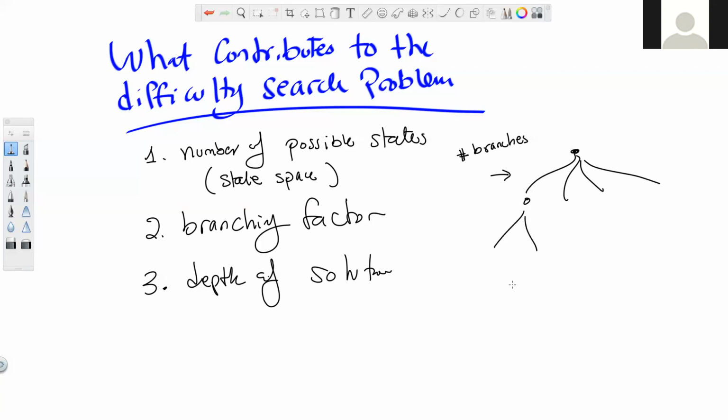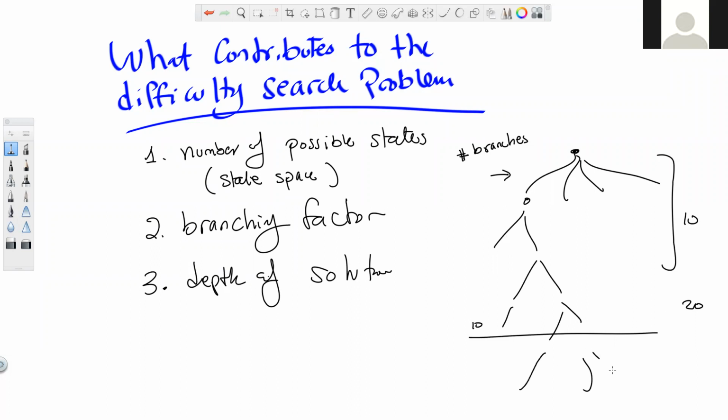Now, if you have a problem where there are solutions at depth 10, versus another problem where the best solution has 20 actions, that is a difference. In principle, if you were to lay out the whole search tree, you will have to go up to depth 10 in one case, but in the other case, you have to go much deeper in order to find a solution.